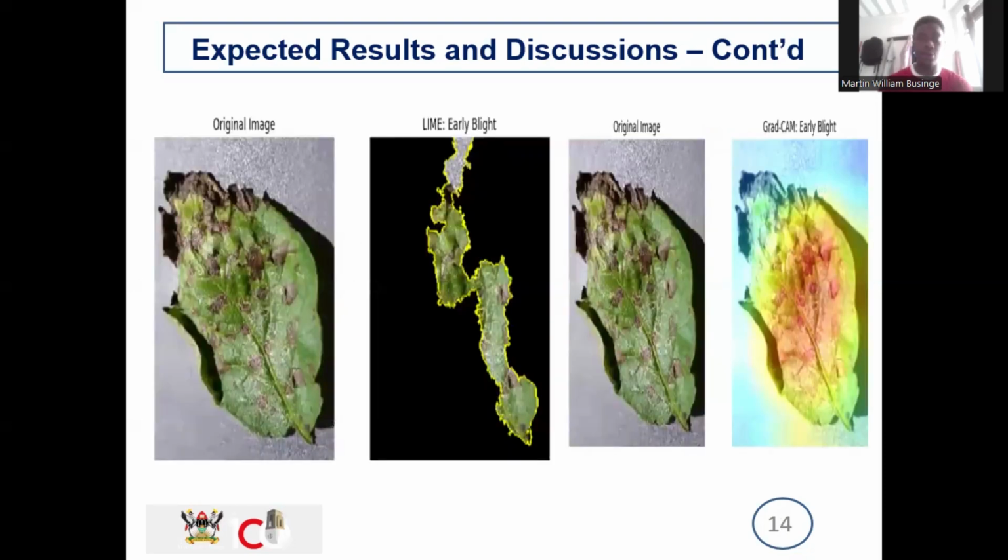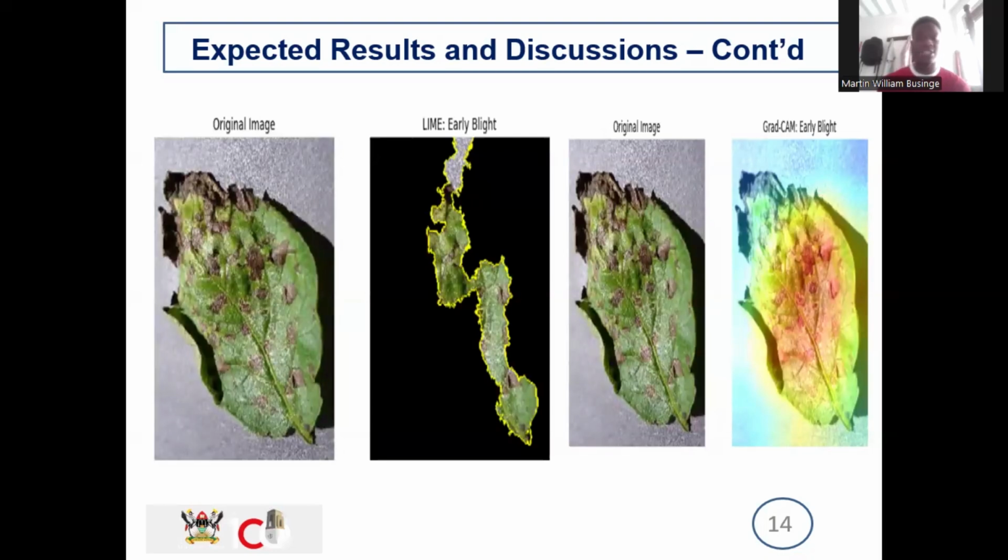Then we also look at this image, which is trying to bring a bit of explainability to how our model works. So we have an original image to the farthest left, and then we have the second image from the right, which is the output of the local interpretable model-agnostic explanations method, commonly abbreviated as LIME.